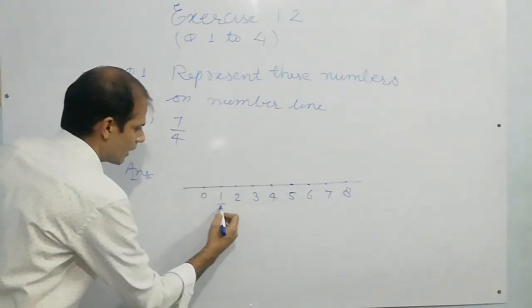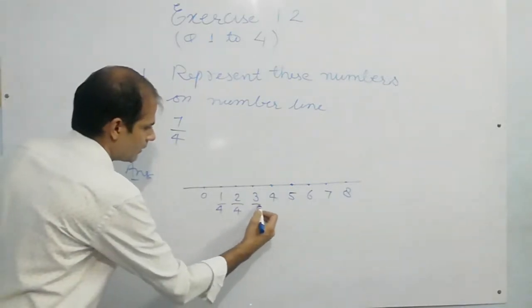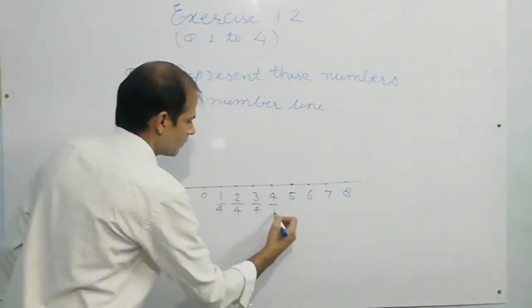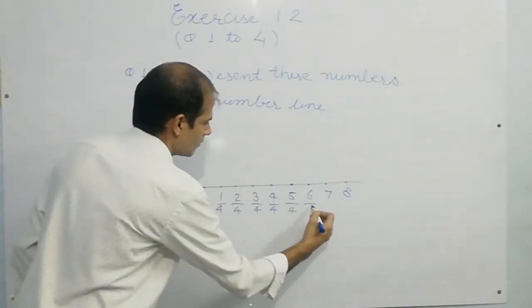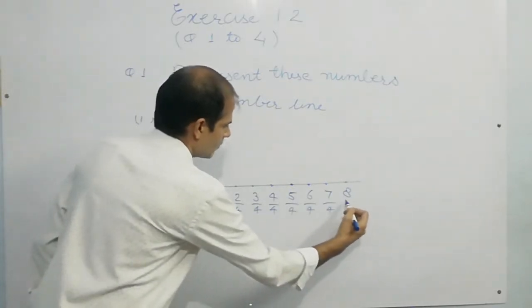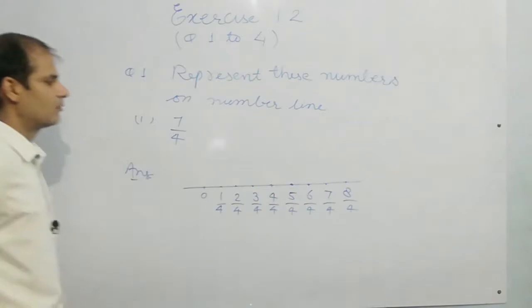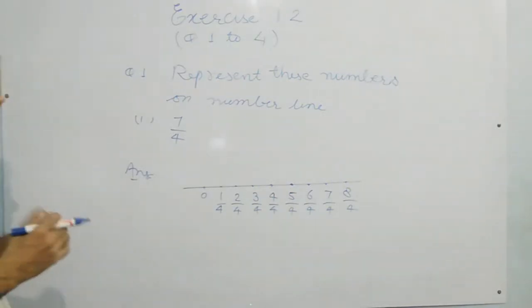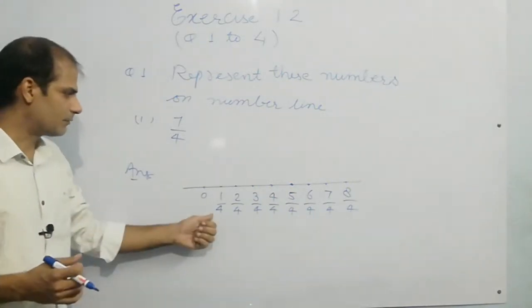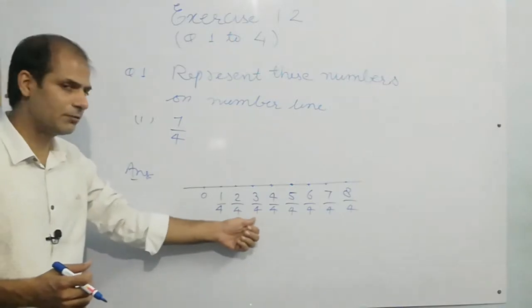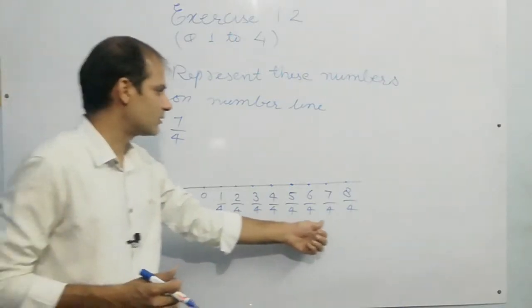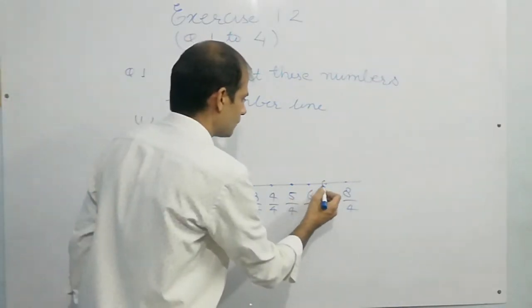Then just write 4 as a denominator below every number. Now you can see that this is 1 by 4, 2 by 4, 3 by 4, 4 by 4, and hence this number is 7 by 4.